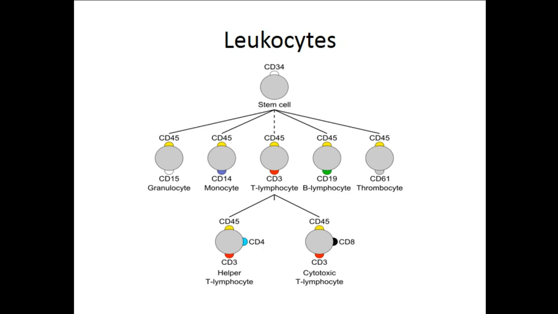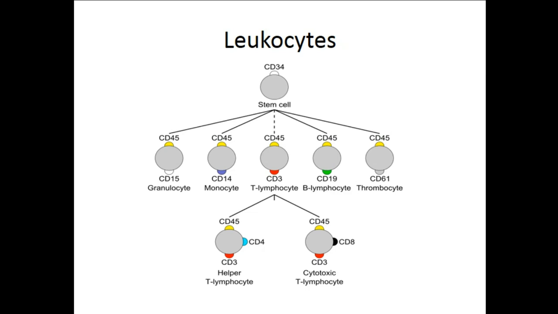But on top of that, we need to add a fluorochrome to the antibody. Okay? So, we start off by identifying leukocytes by developing an antibody against CD45.